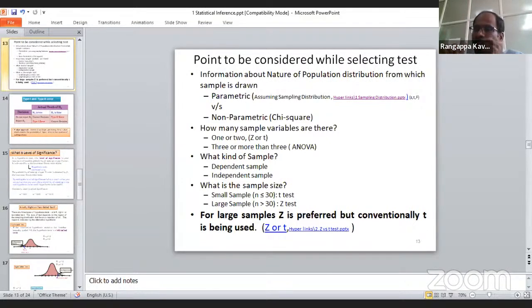Suppose we take the average score obtained after a training. If we take the score before training and after training for the same group of respondents, we are measuring the average performance before and after training.